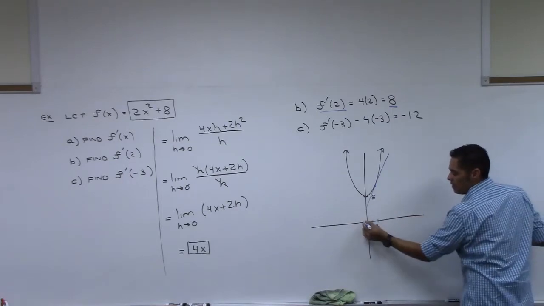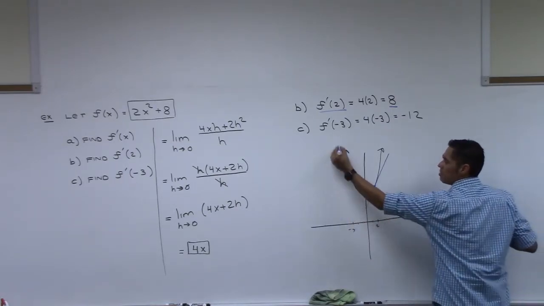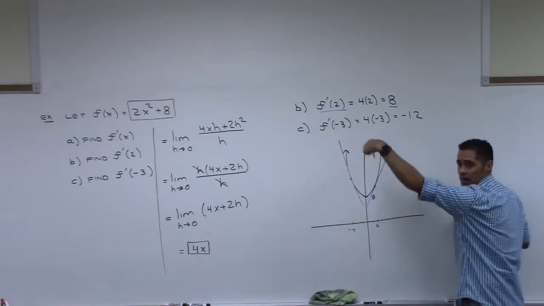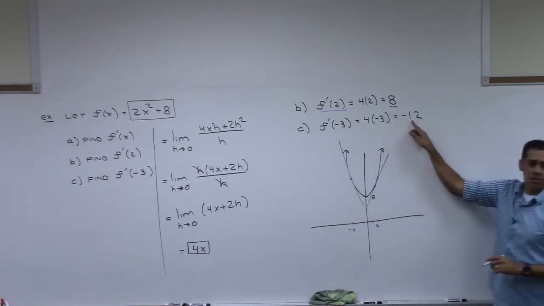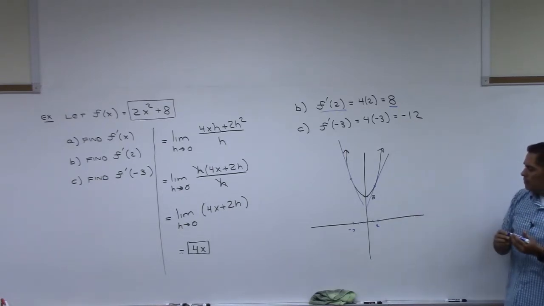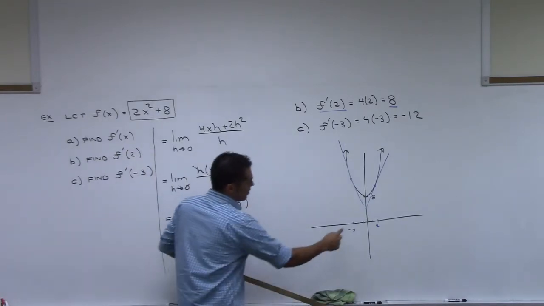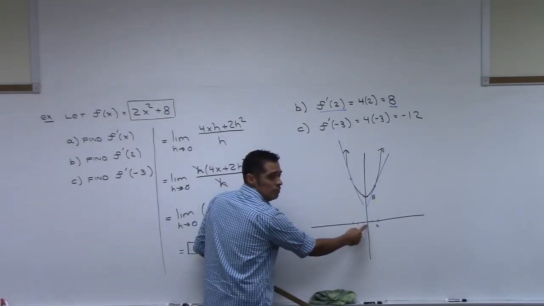Now, if you go to negative 3 and go up and draw the tangent line, hey, look, it's pitched down the other way, right? That has a negative slope, and the slope is exactly negative 12. Just by looking at that graph, what would the slope of the tangent line be at 0?